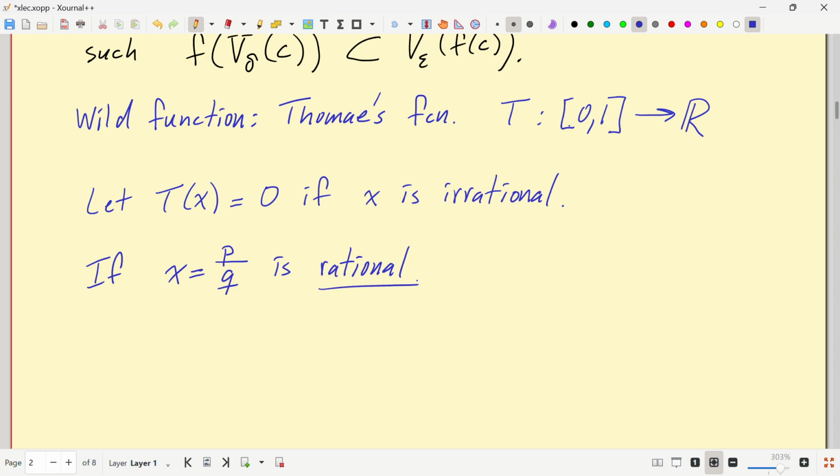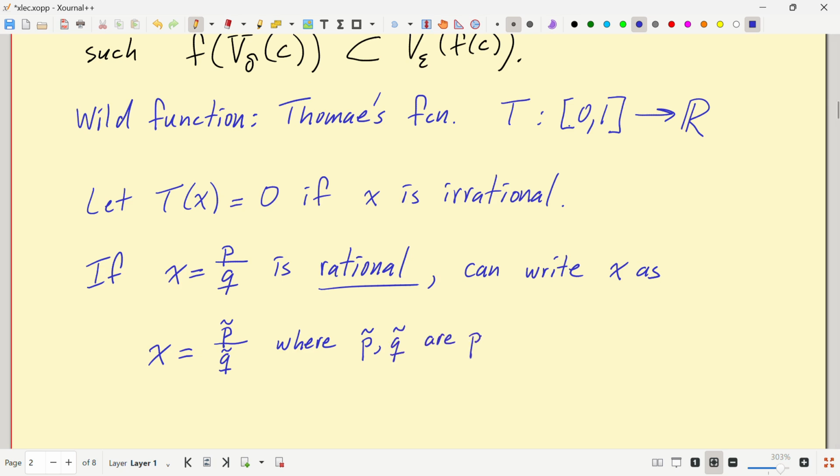Let's see, then, there's a unique factorization theorem. I can factor p and q and then cancel out all the common factors. I can write x as x equals p twiddle over q twiddle, where p twiddle and q twiddle are positive integers, relatively prime, meaning all the common factors have been factored out.